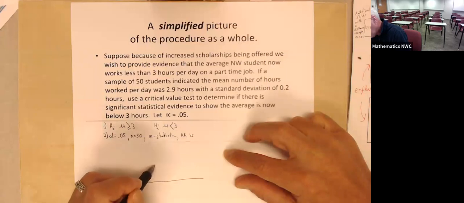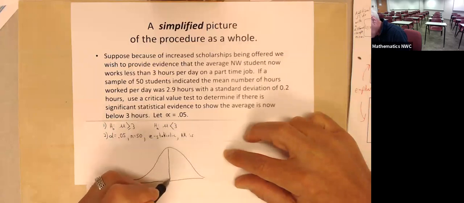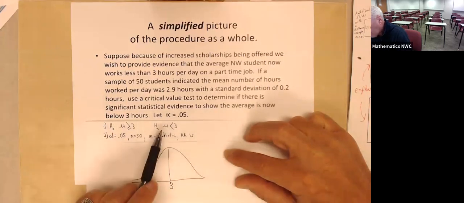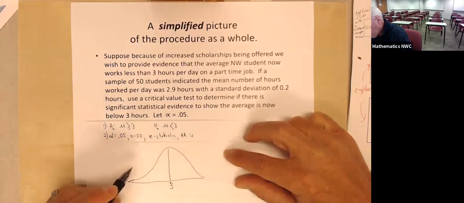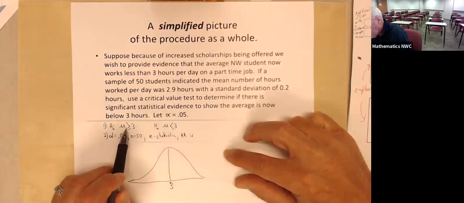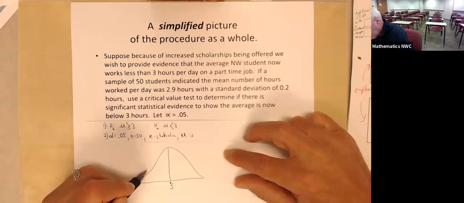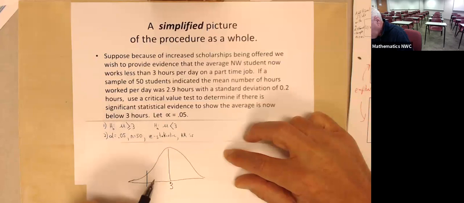So here's what's going on. I'm testing against the 3. I'm hoping to have enough evidence that my sample is far enough less than 3 that I can say it's not greater than 3, it has to be less than 3. I need this line in the sand right now.